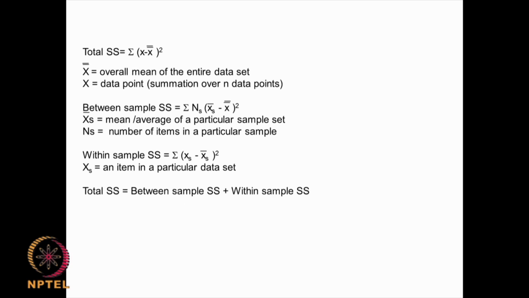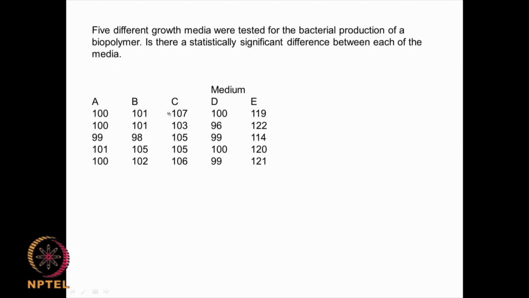Now, between sample sum of squares, so we have 5 different situations, right. We have 5 different media. So, there is going to be an average for each one of them. So, we have a global or total average. So, subtract from each one of these average, square it up, then multiply by 5, because we have 5 elements in each one of these.